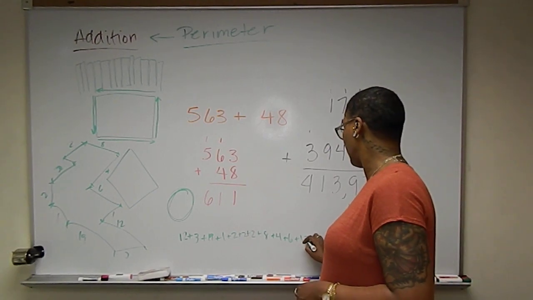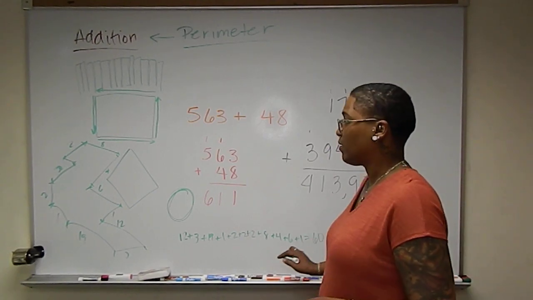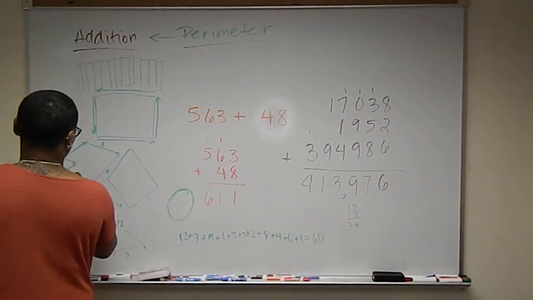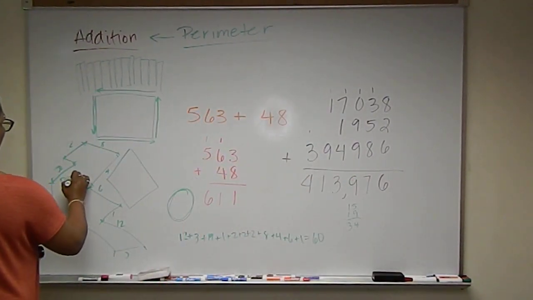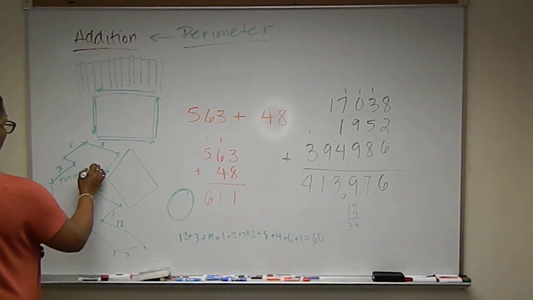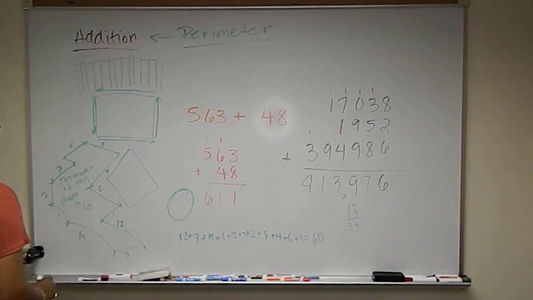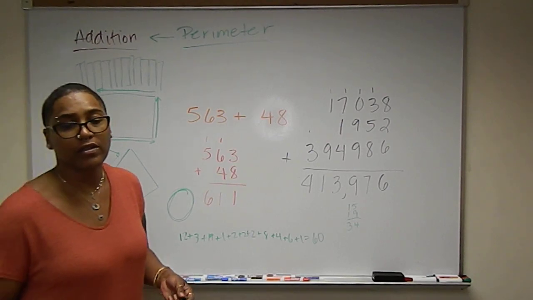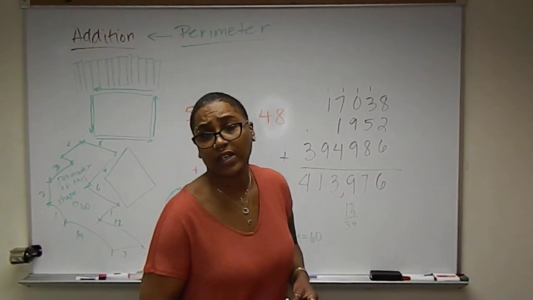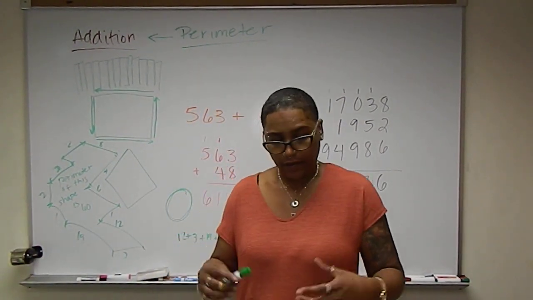So all of this is 60. So the perimeter of this shape, right? And then whatever the units, 60 inches, 60 feet, 60 yards, whatever it says.